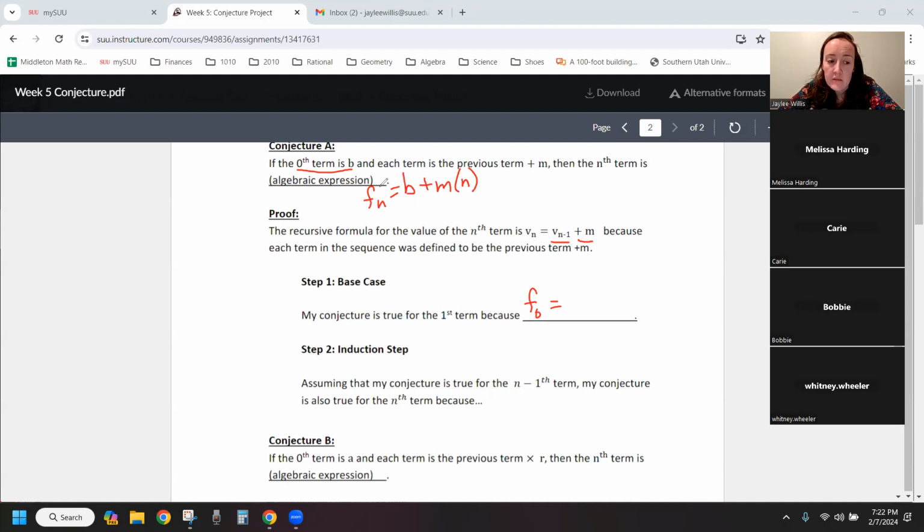Usually with the base case, you just plug the number in. So what would we get if we plug in a 0 into our conjecture expression? Perfect. Yep. And then how can we justify that that equals b? Because ultimately we need to show that it really does equal the original expression we were given.